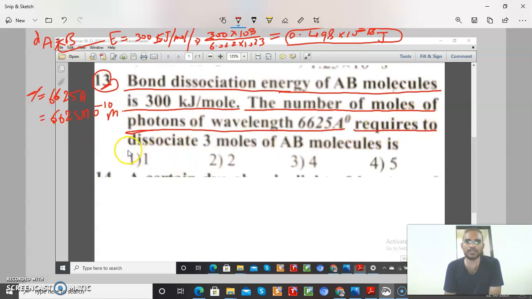Required to dissociate 3 moles of AB molecule.